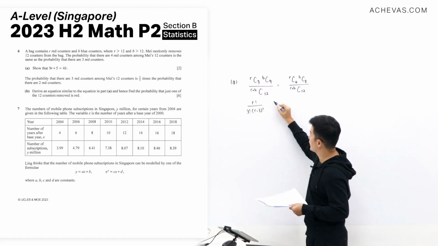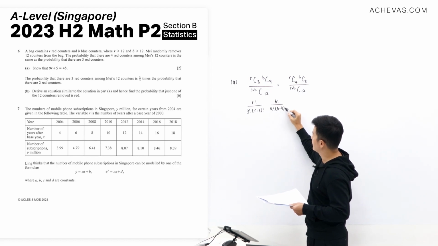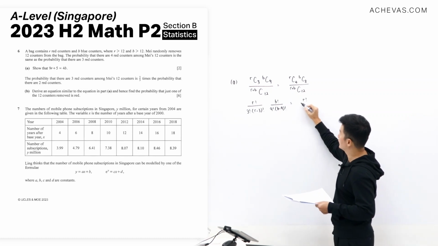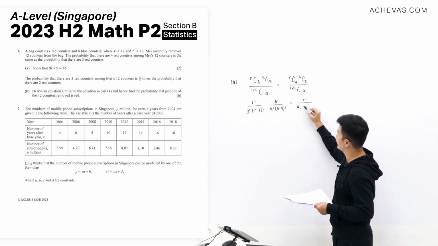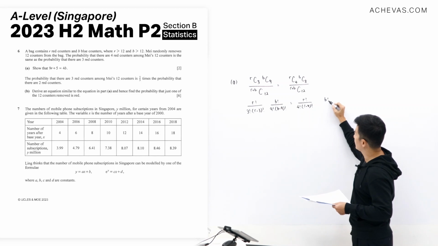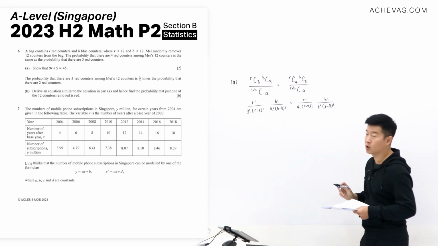B choose 9 will be B factorial divided by 9 factorial multiplied by B minus 9 factorial. R choose 4 will be R factorial divided by 4 factorial, R minus 4 factorial. B choose 8 will be B factorial divided by 8 factorial multiplied by B minus 8 factorial.